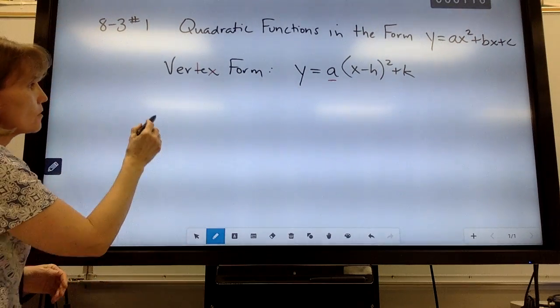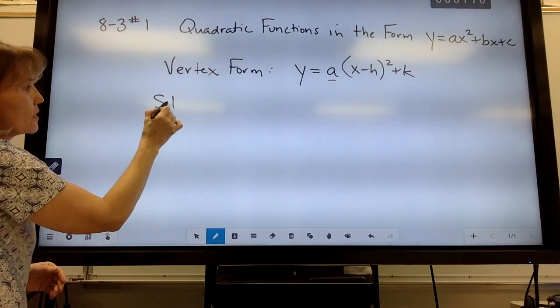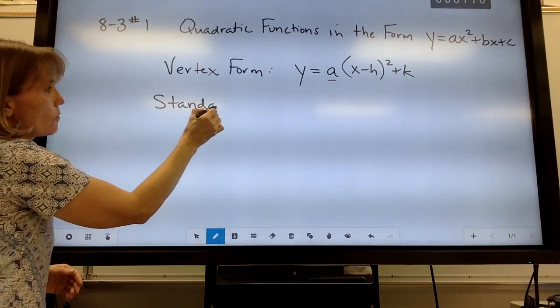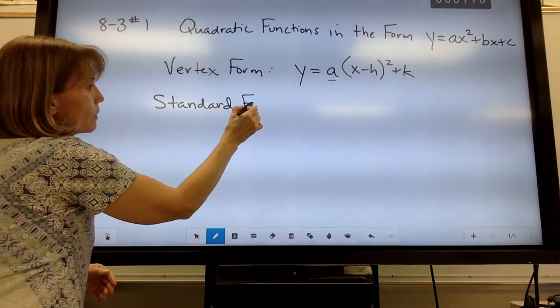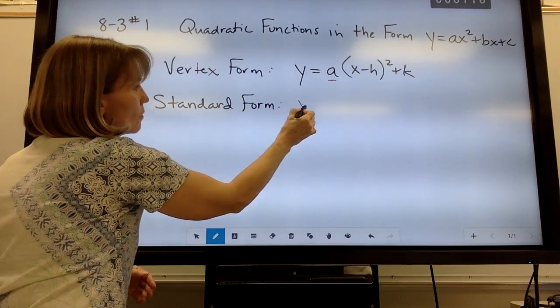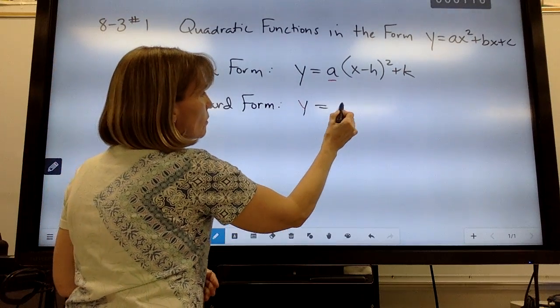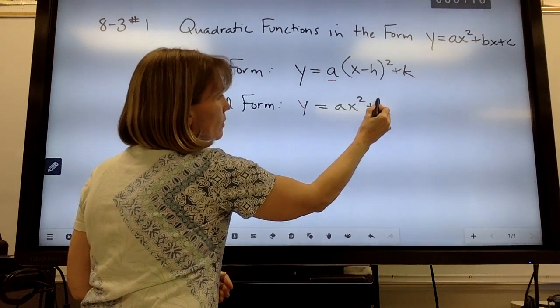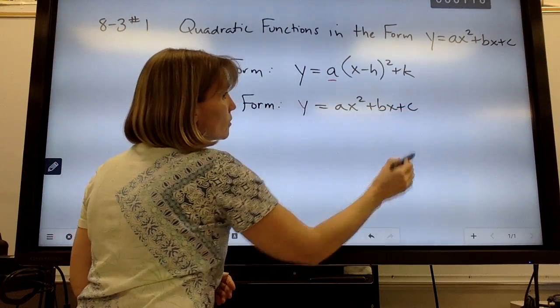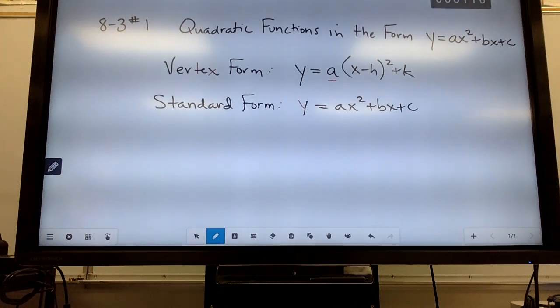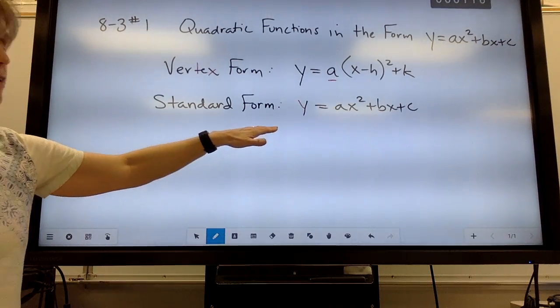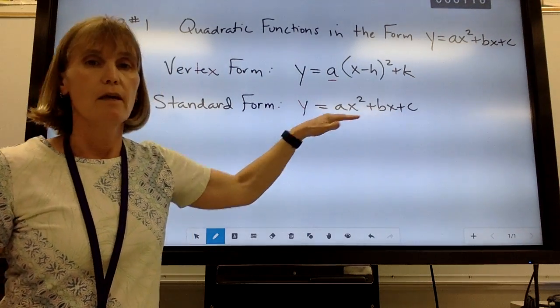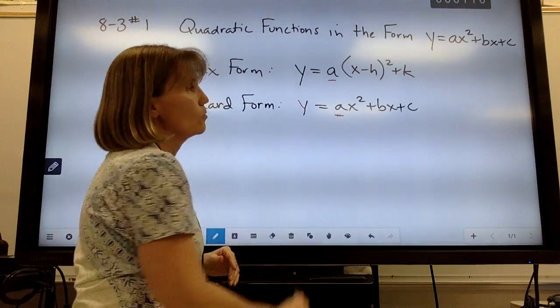Okay? So we're going to work today on standard form. So standard form for our quadratic functions looks like this. You notice that you have an A value as well.